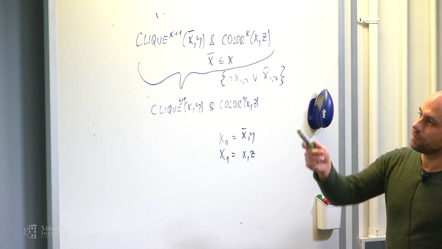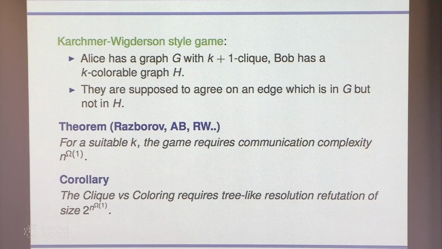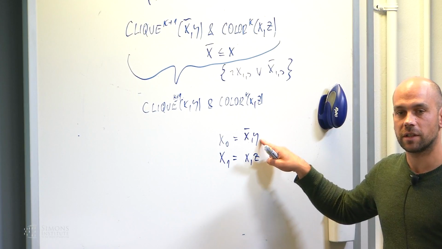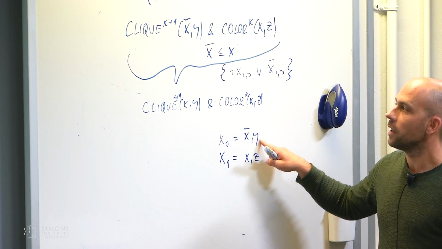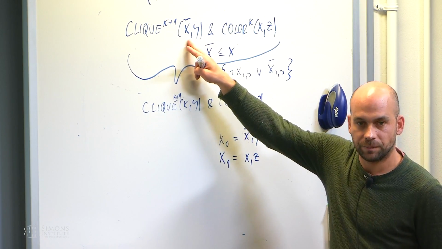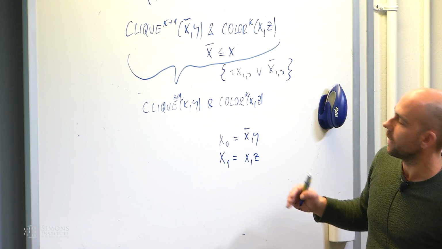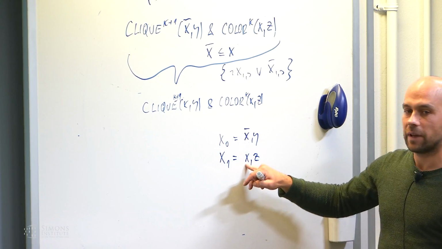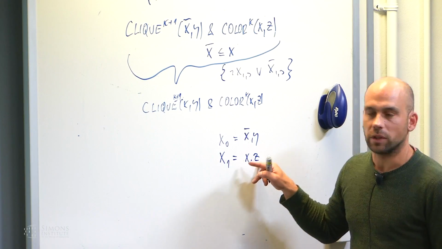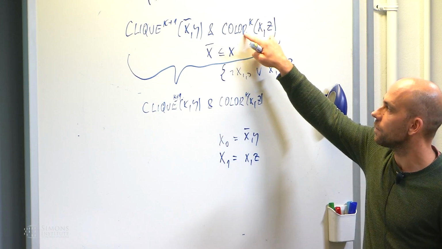Suppose that Alice has a graph with a k plus 1 clique, so she fixes the assignment y so that this CNF is actually true. Similarly for Bob, he has a graph which is k-colorable. That's the graph x. He fixes z to be actually the coloring of the graph, which makes this CNF true.